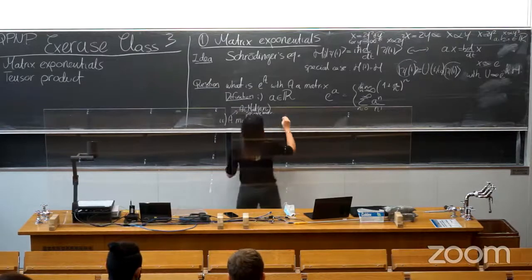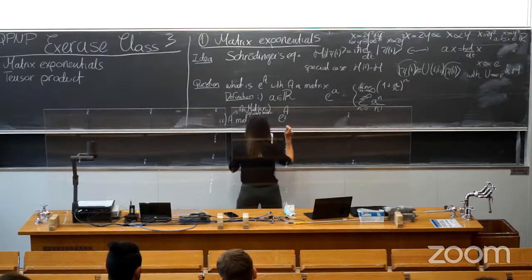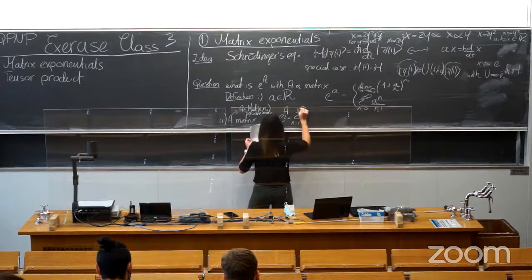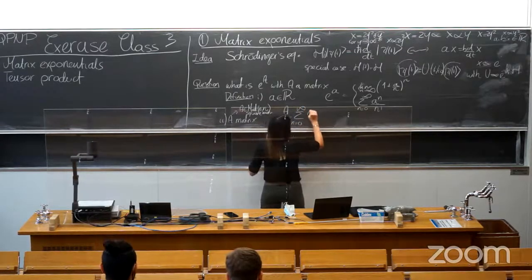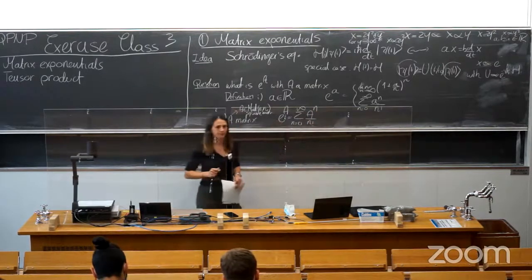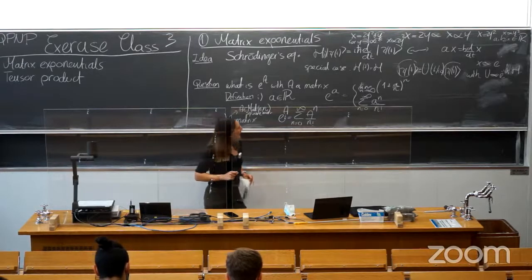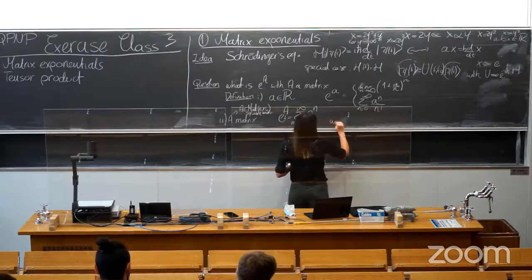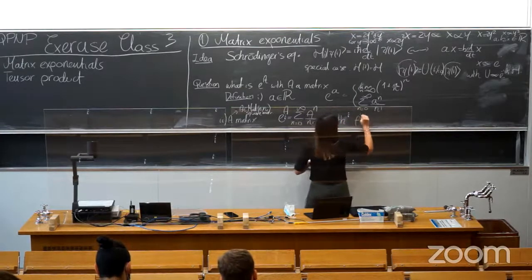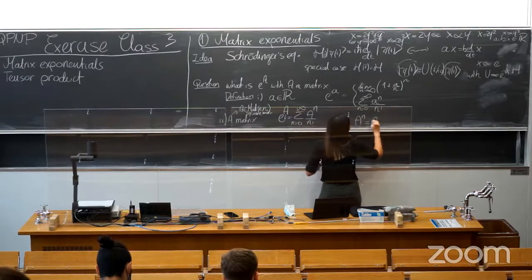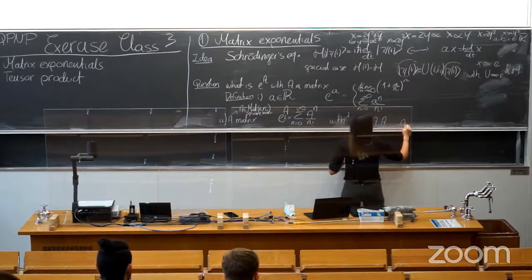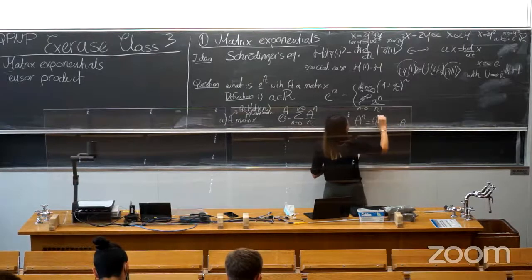And if anything is unclear, stop me. But here we have e to the A equal to the infinite sum of A to the n divided by n factorial. Okay, what is A to the n? It is nothing else than A times A, matrix multiplication n times.